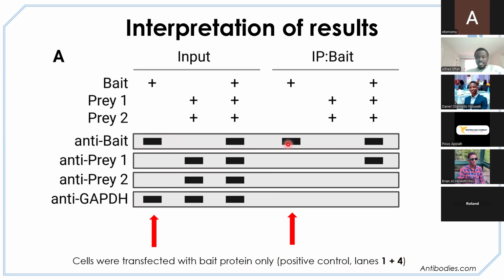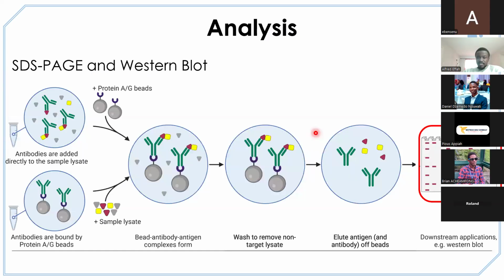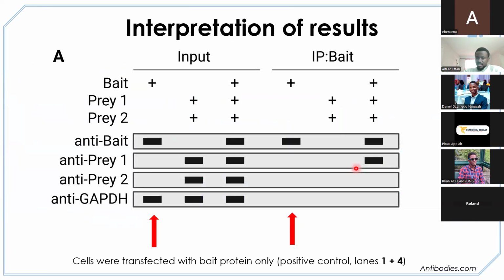Now, in lane 4, that is after everything. So lane 4 is coming from this portion, whereby we are done with everything. Whatever we had here, we just performed the Western blot.